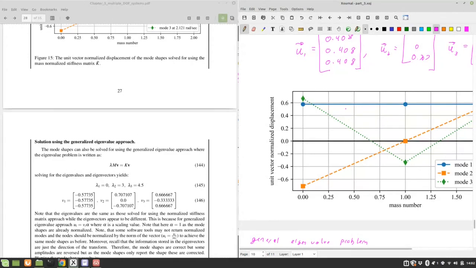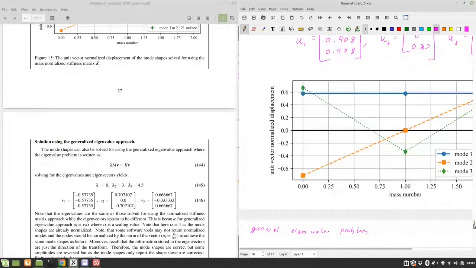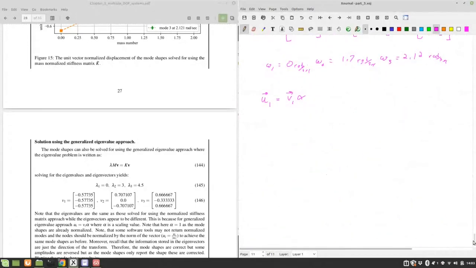Typically, that's how you do it, just because there's no information in the value of the mode shapes except that it's relative. So you could scale this, you could scale that, to get these the same as before.